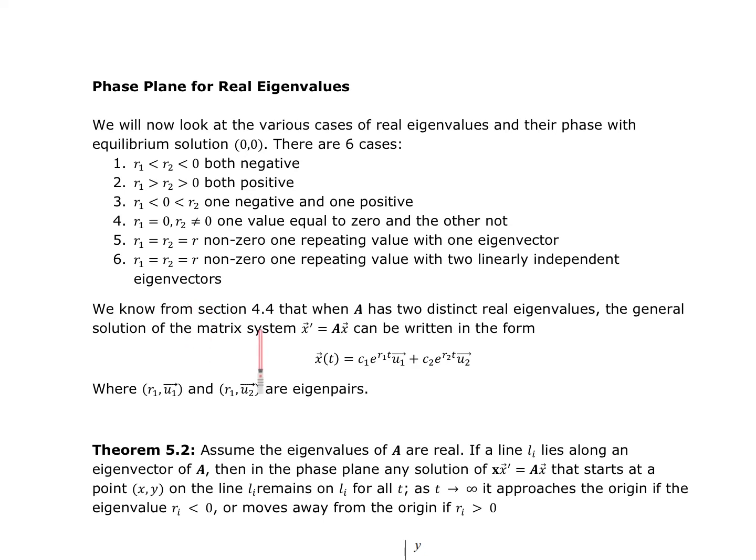Now, we know from section 4.4 that when A has 2 distinct real eigenvalues, then the general solution of the system can be written in this form. x of t is equal to c sub 1 e raised to the r1 t, where r1 is our eigenvalue, multiplied by u sub 1, where u sub 1 is the eigenvector associated with r sub 1, plus c sub 2 e raised to the r2 t, where r2 is our second eigenvalue and our second eigenvector is u sub 2. Also, sometimes I use v.